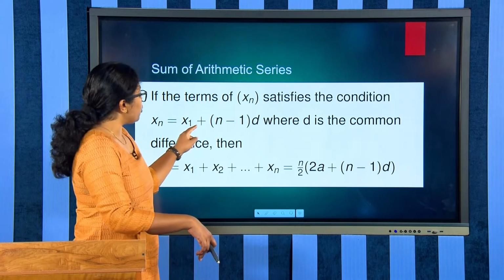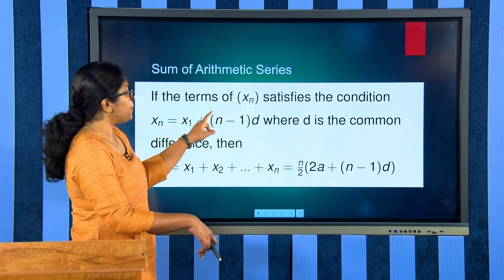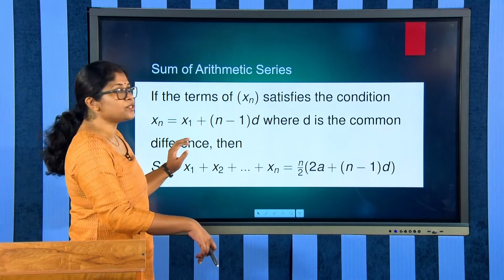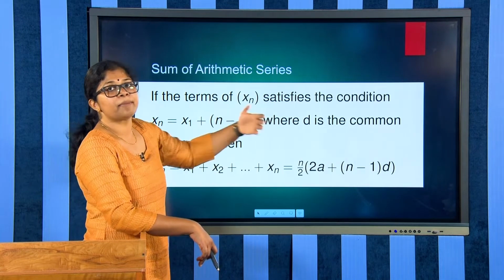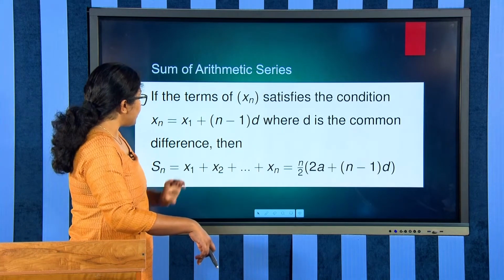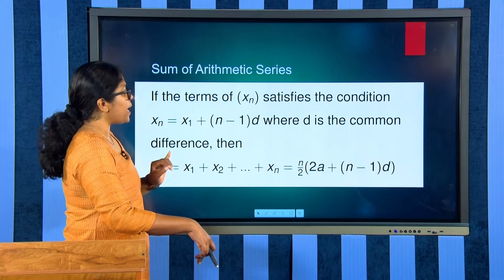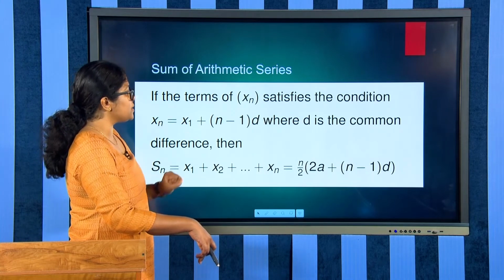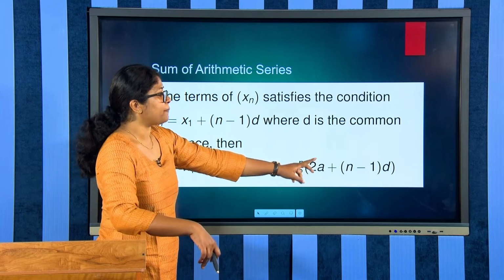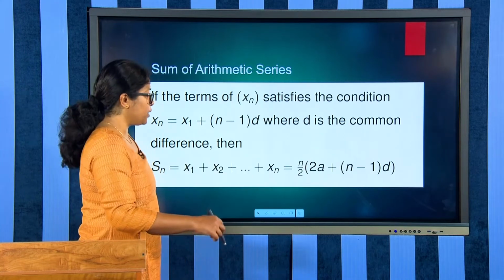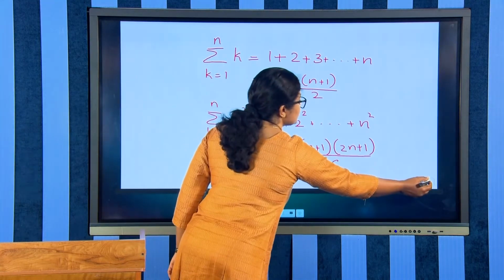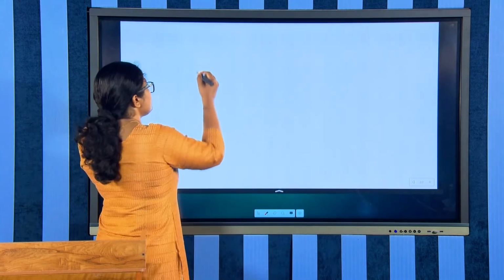So the terms are of the form x1 plus n minus 1 into d, where d is the common difference, or d is the increment that we are giving to get the next term. Then the sum to n terms of the arithmetic series is given by this formula: n upon 2 into 2a plus n minus 1 into d. So, as a quick review, we can look at the proof of this result.